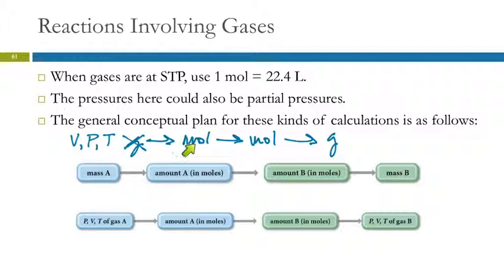So then to calculate the moles of the gas, instead of using a conversion factor, we're using the ideal gas law. At the end, we might end up with a mass, or we might end up with another gas. And so, again, we're going to have a volume, a pressure, and a temperature. Okay, so grams to moles to grams is the starting point, and then you see, do I need to change up the ends at all?